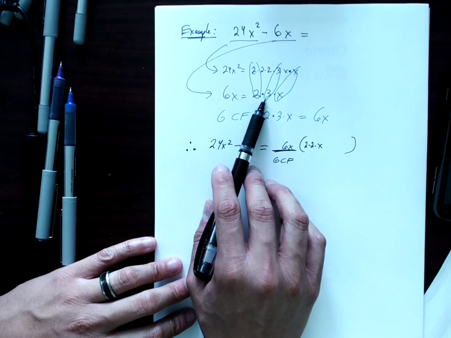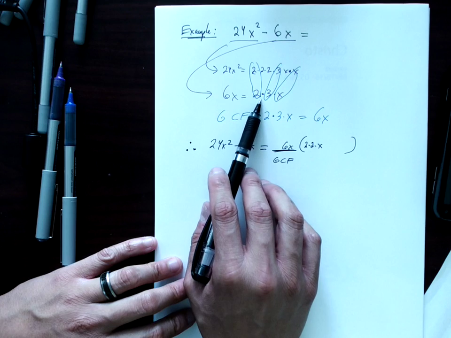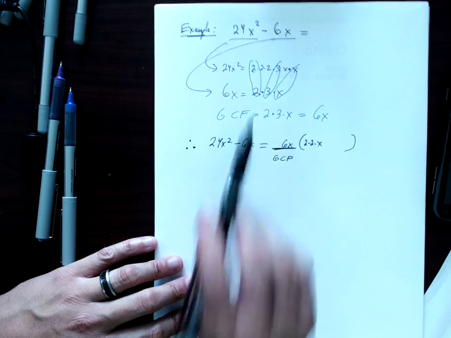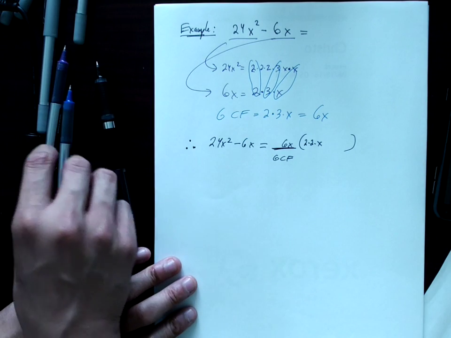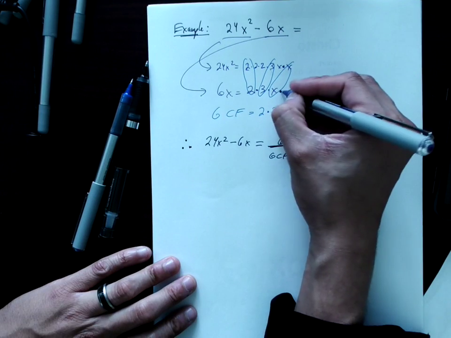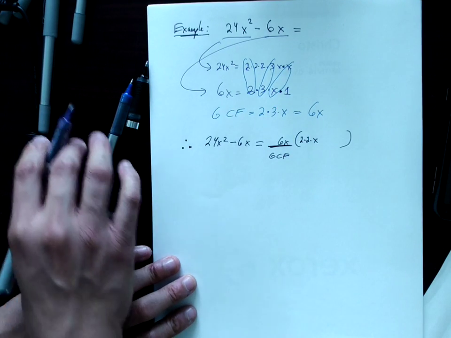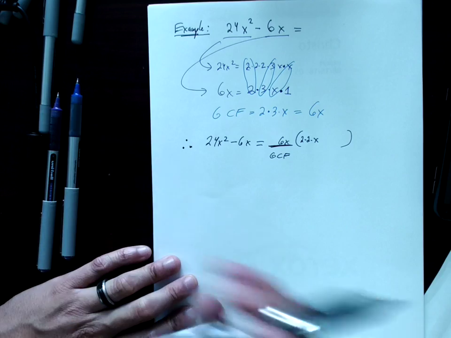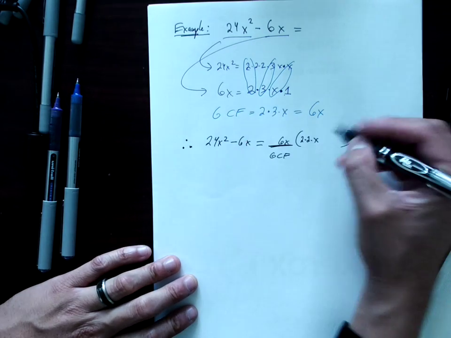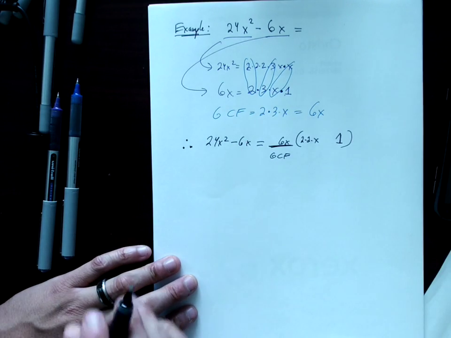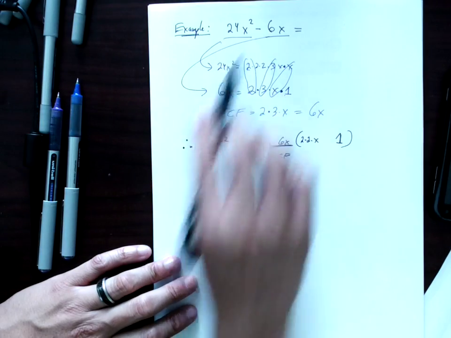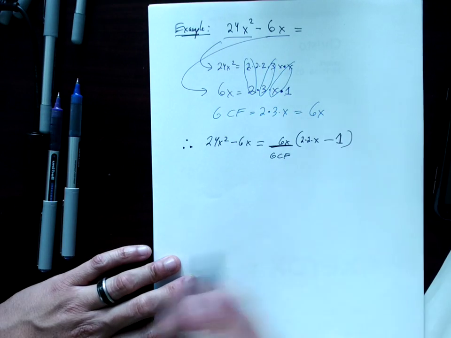You might think there's nothing left, so it's 0. Well, no. Everything is gone, but secretly what remains is the number 1. So we put a 1 here, and the operator, which is minus, goes here.